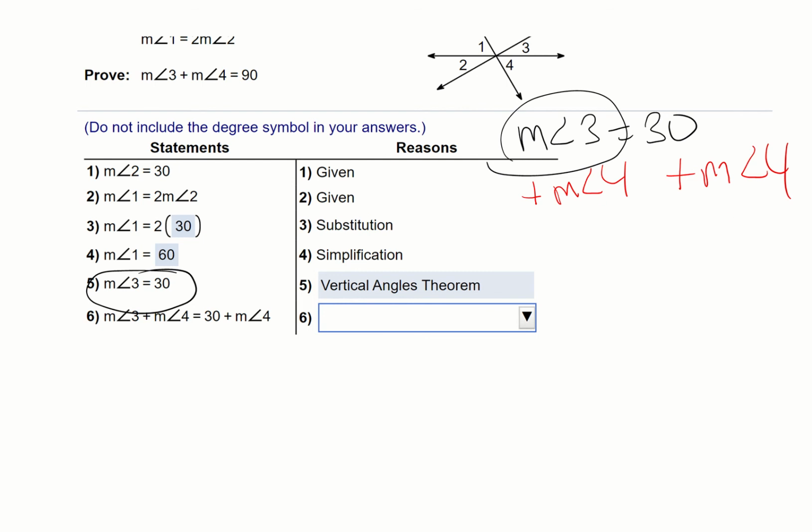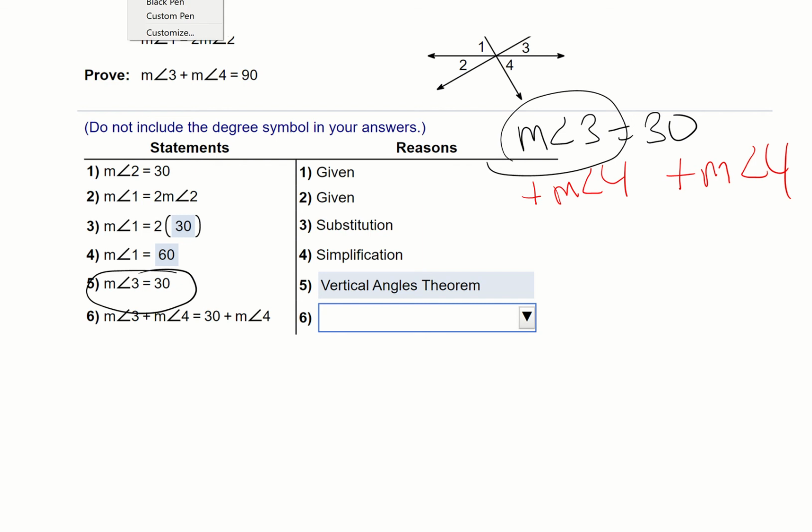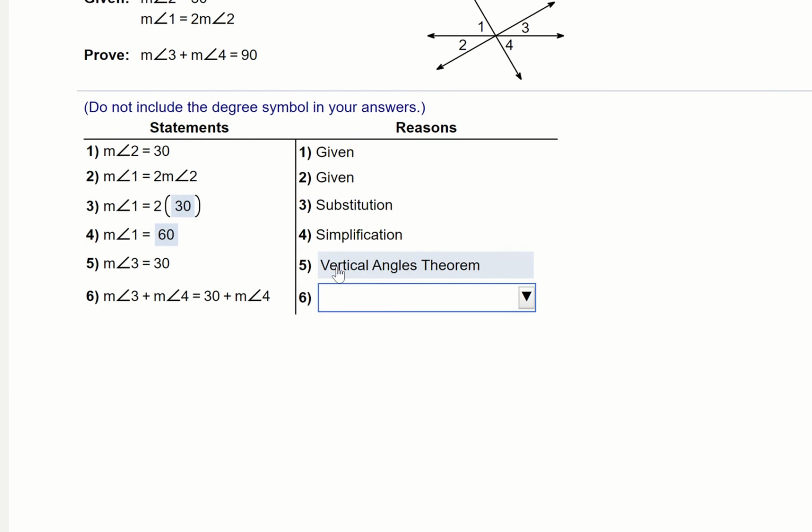So if we were to write this out all over again, you'll get angle 3 plus angle 4 equals 30 plus angle 4. And these are the two that I added. So that's the addition property. So that's what they did.